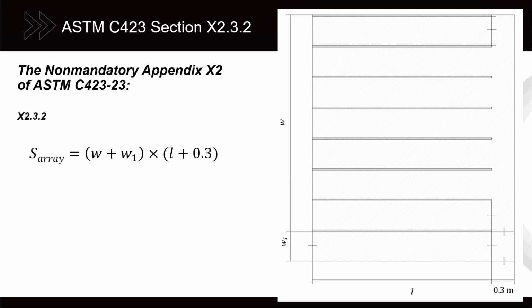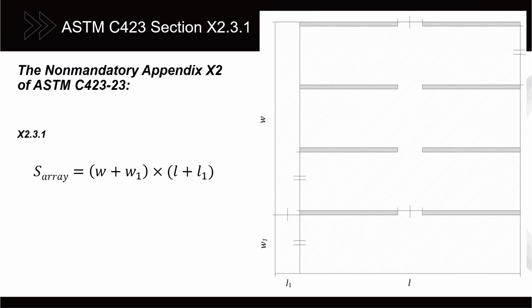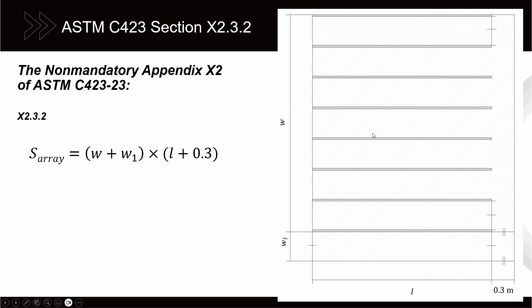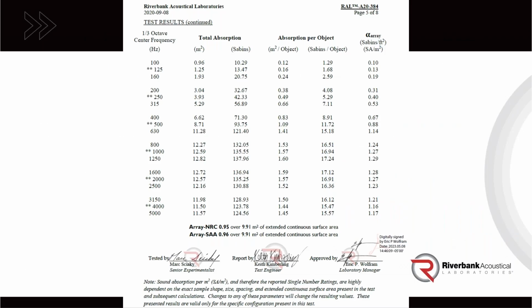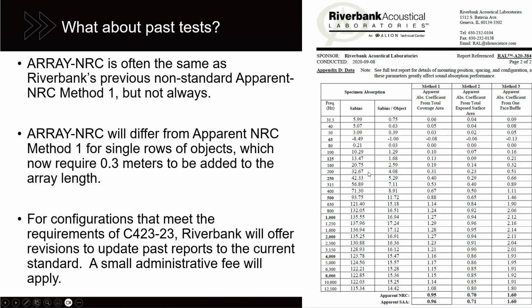All right, another one is the face area used in the method 3 calculation, the floor plan area. For example, the 2 inches by 8 foot. Yeah. So, this is the old way that Riverbank was doing things prior to ASTM C423-23.